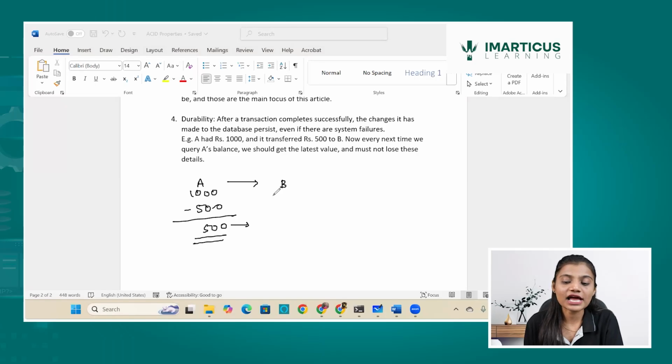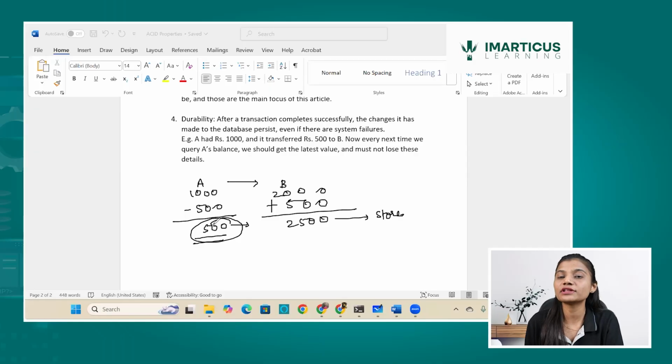So this transaction which happened over here has been stored. And that's why the new transaction which will happen with A will have a balance of 500 instead of 1000. Now every time we query A's balance, we should get the latest value and must not lose these details.